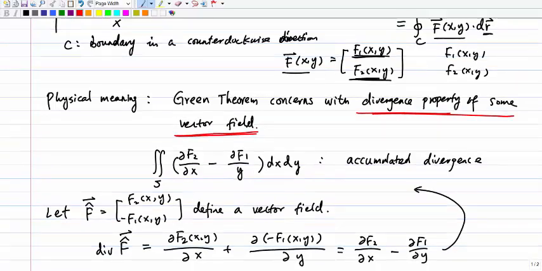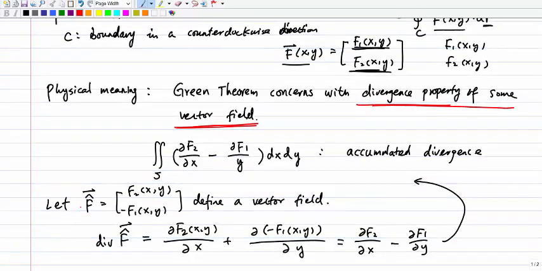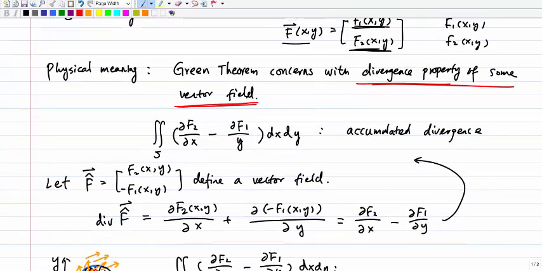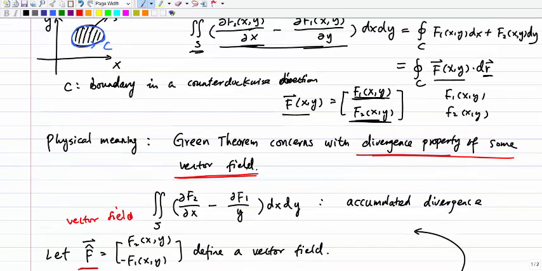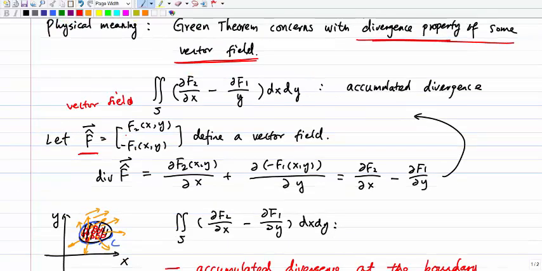Okay, if we define this f, this is a vector field, which is different from the beginning. The vector field is defined as (f2(x,y), minus f1(x,y)). So this is the vector field we're going to define.